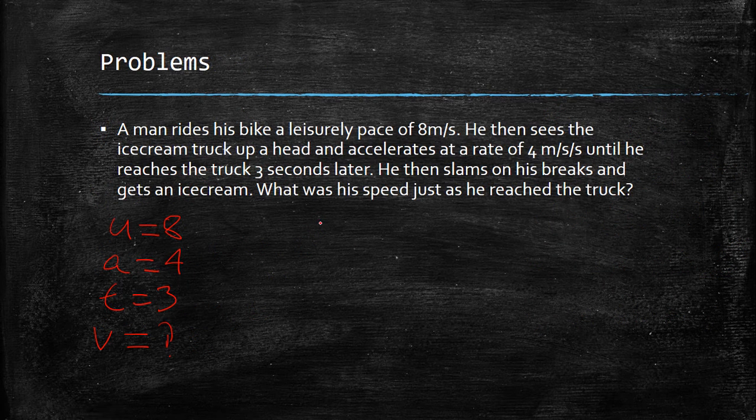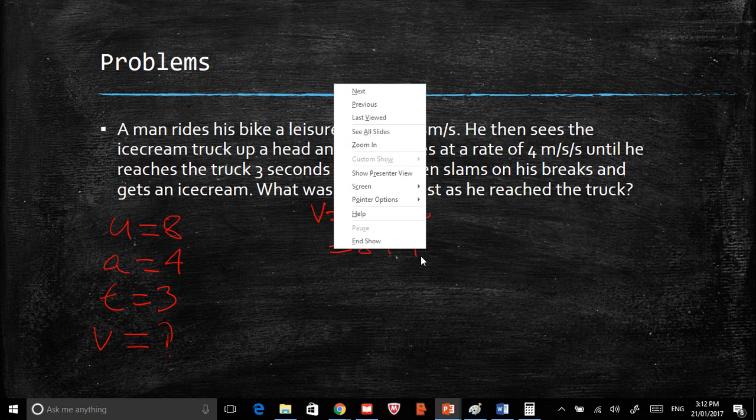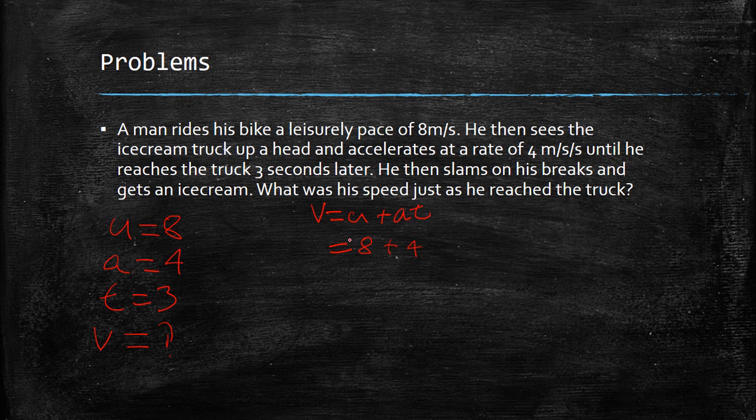So let's rewrite that equation here. V is equal to u plus a t. So we're trying to find v, so it's already rearranged for us. That's very nice. V is 8 plus 4 times 3, which equals 8 plus 12, which is equal to 20 meters a second.